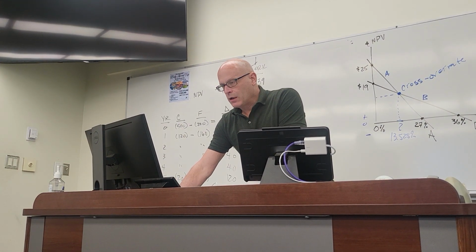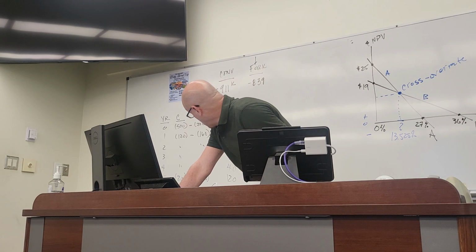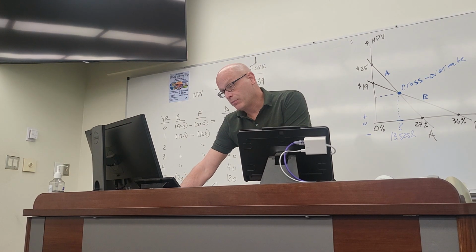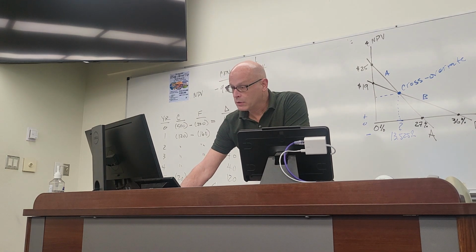So let's see, I clear that out. So 300,000 negative, that's my initial cash flow, or the difference in them. And then I've got 40,000 plus each year for 4 years, followed by 120.